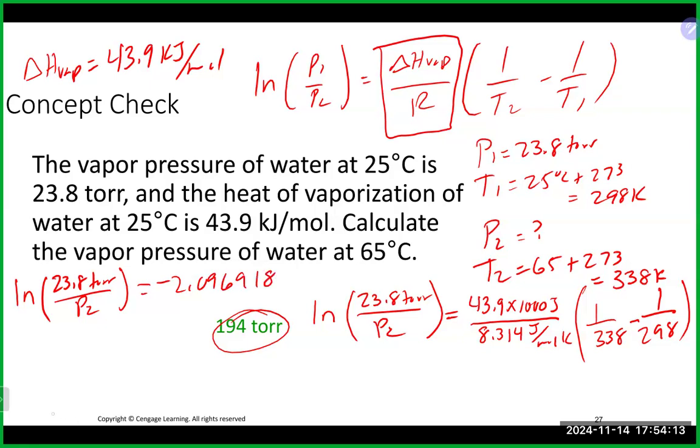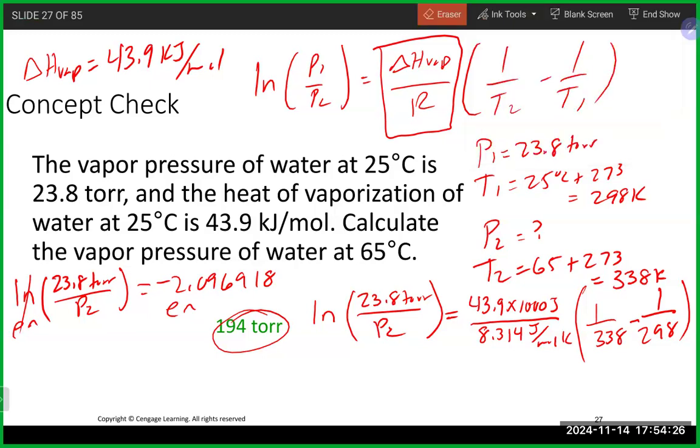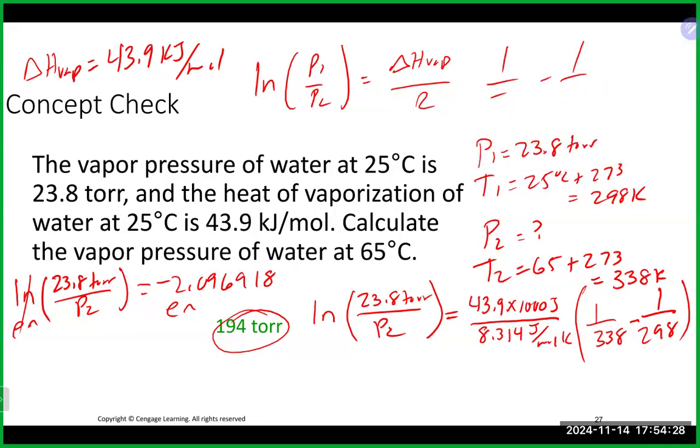2.096918. To get rid of the natural log, you need to take e to the power of both sides on your calculator. That will get rid of the natural log on that side, and that will leave you, and I'll just go up on top so it'll be easier to see here. There we go.